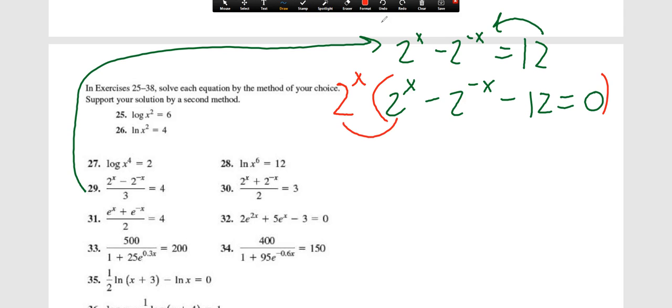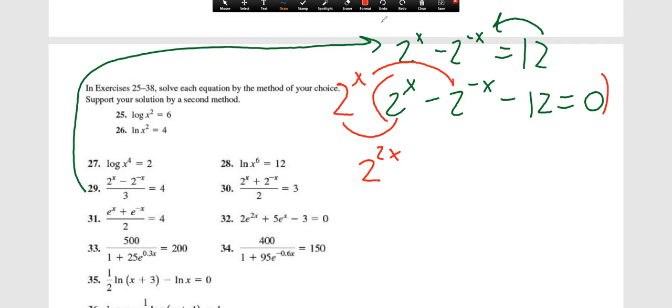Now, what happens when you multiply those two? You are multiplying like bases. What do you do with the exponents? You said it a little bit ago. When you multiply like bases, you add the exponents. So that's 2. What is x plus x? 2x.